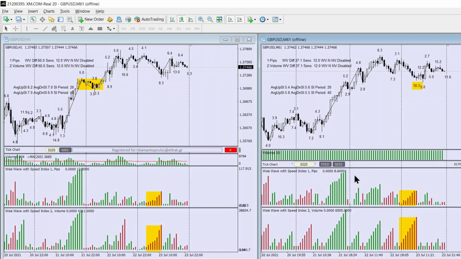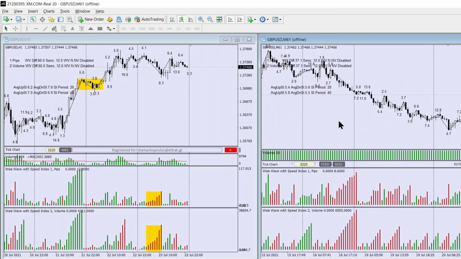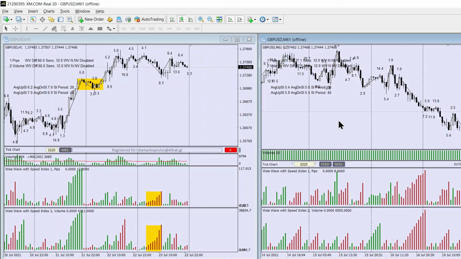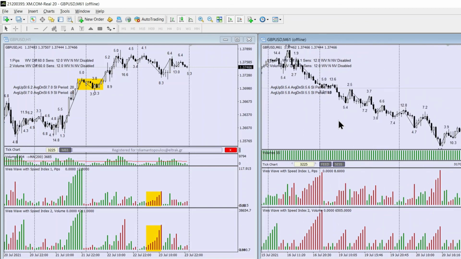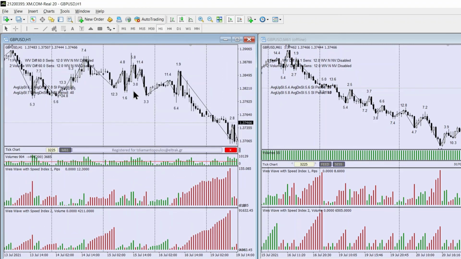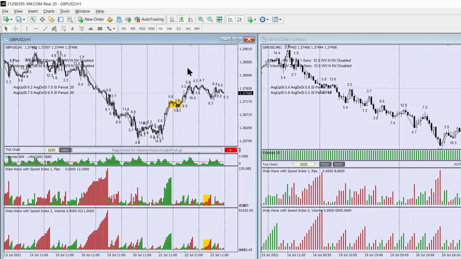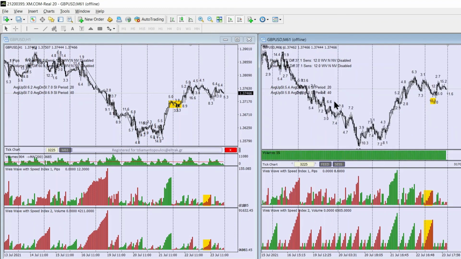So how do we trade this thing? This is coming up in the next video. But here is one very simple example. First of all, look at this down move on the time frame chart and look at the same down move on the tick chart.